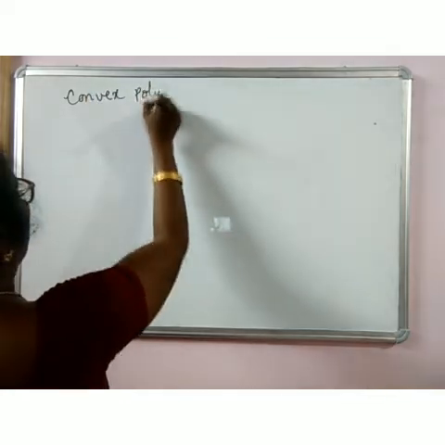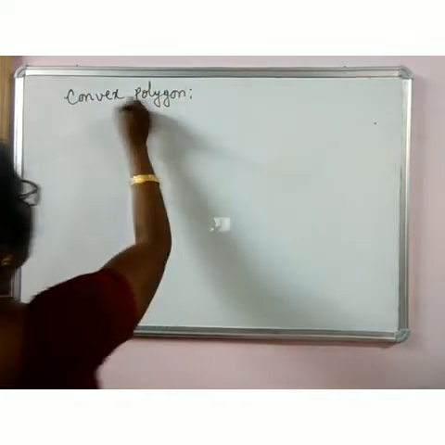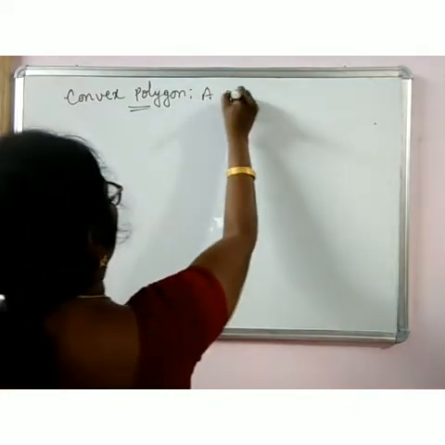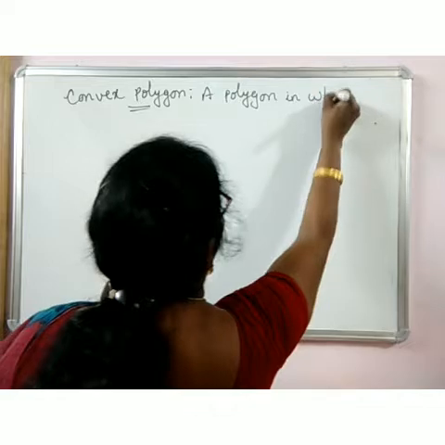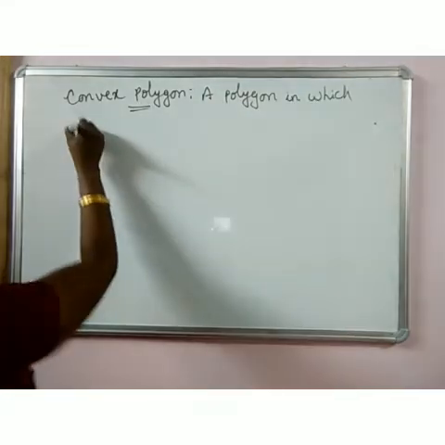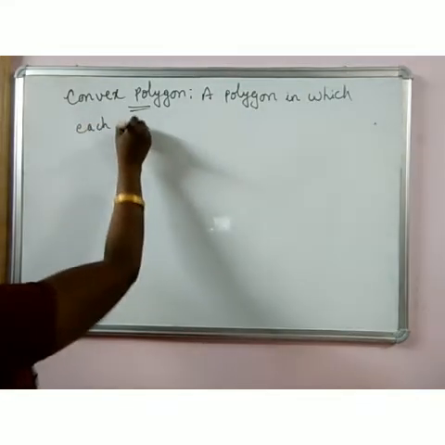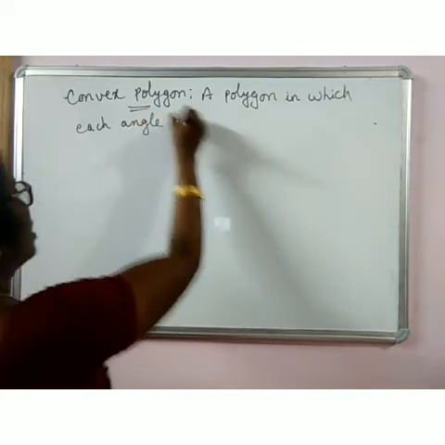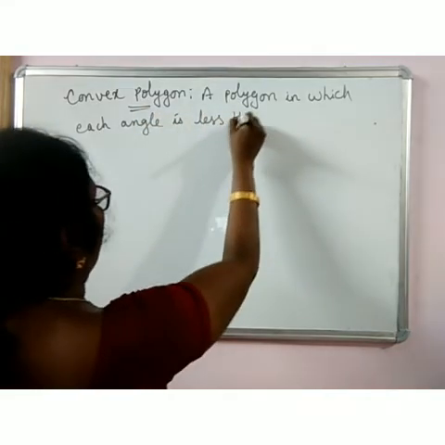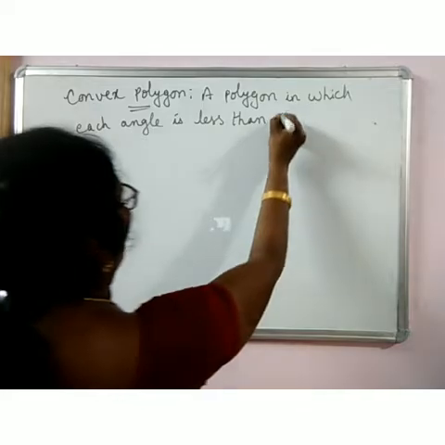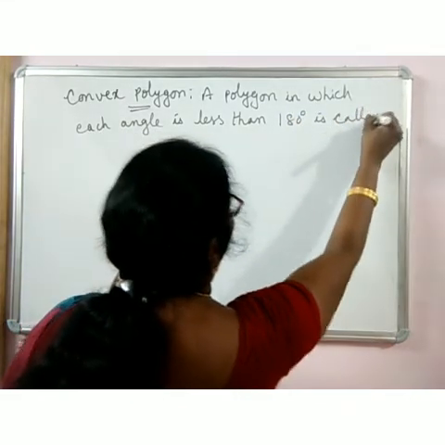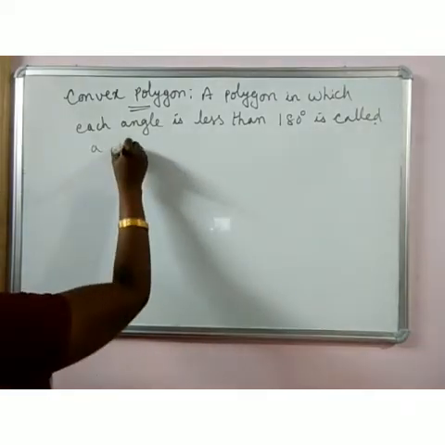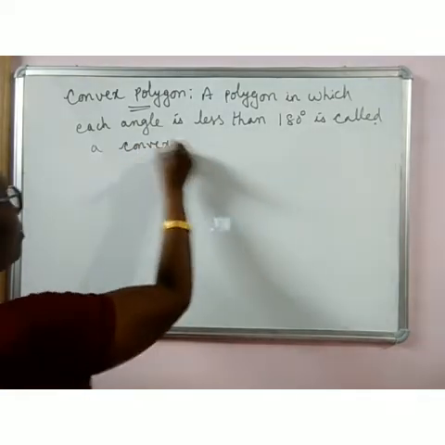A convex polygon means a polygon in which each angle is less than 180 degrees is called a convex polygon.